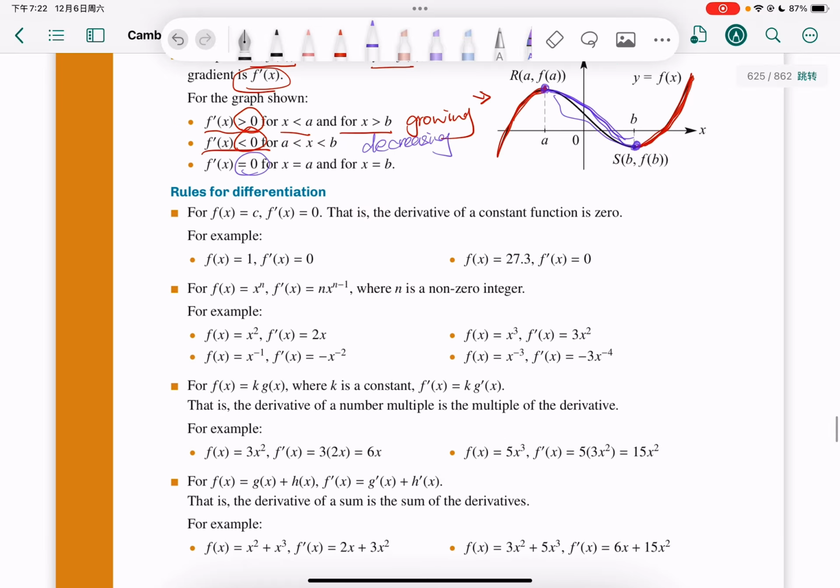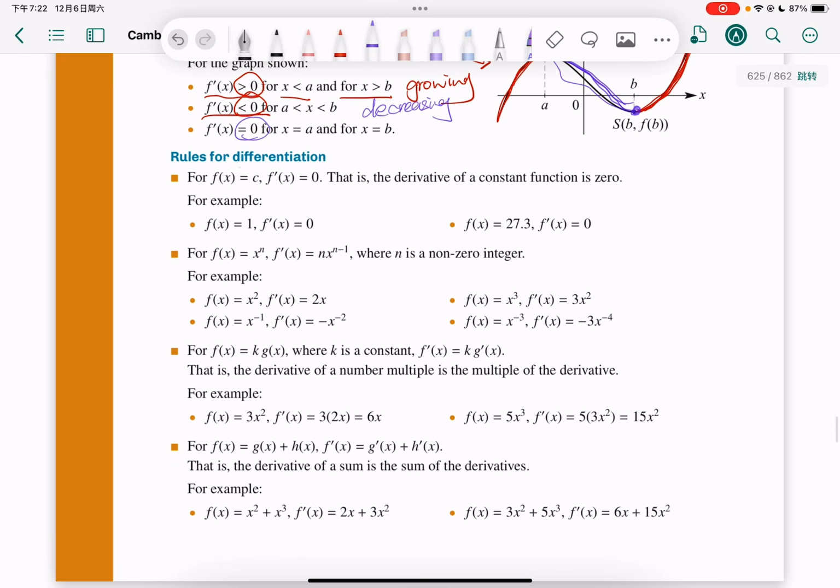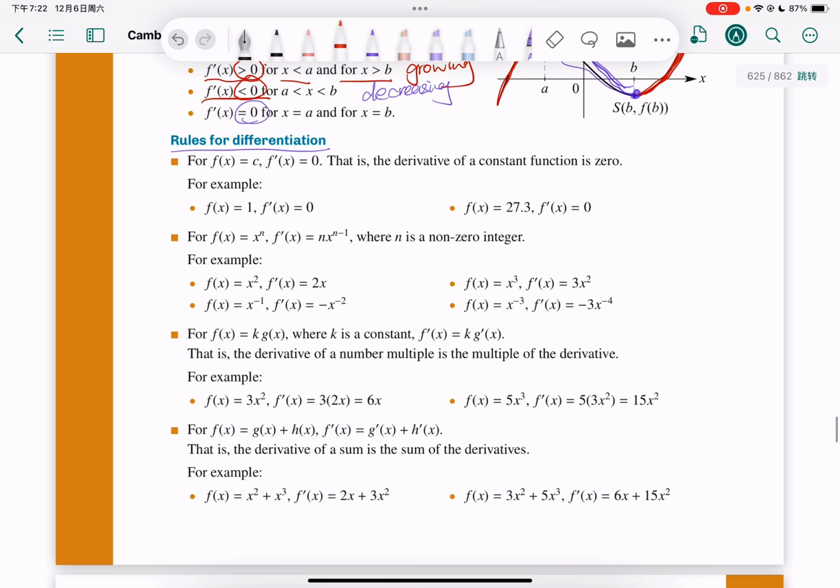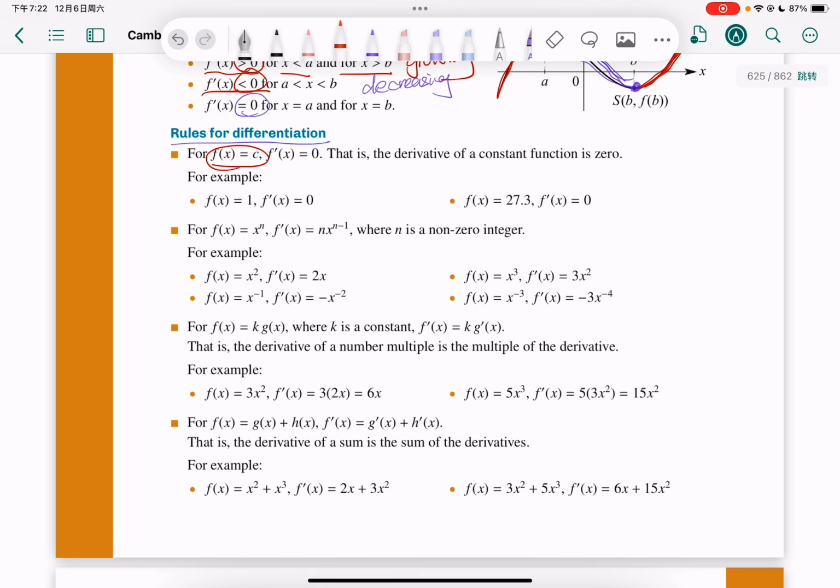So the rules for differentiation. For a constant, f(x) is equal to c. If we draw a graph, we can see, for example, y is equal to c. For example, c can be 1 or 27.3. It doesn't matter, but their derivative is equal to 0.